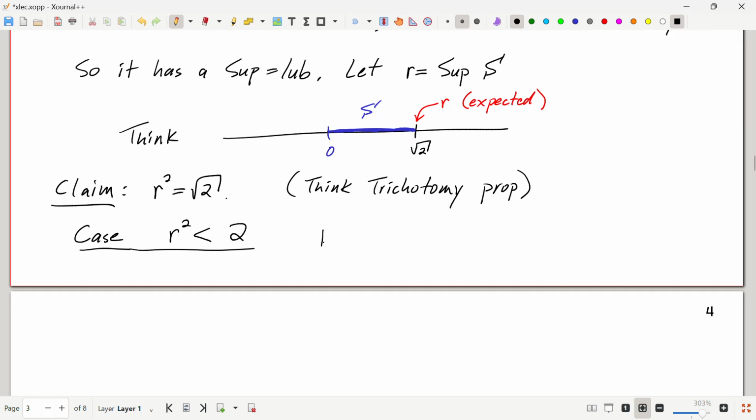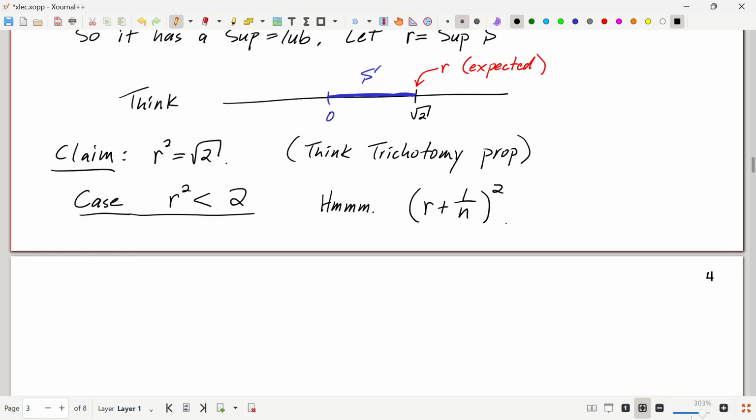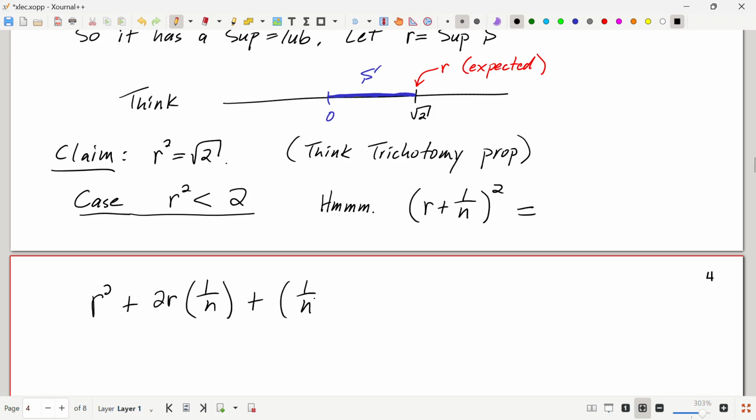That means I've got some wiggle room. So for example, if I took r plus 1 over n, something really tiny, and squared it, that would be equal to r squared plus 2r times 1 over n plus 1 over n squared.